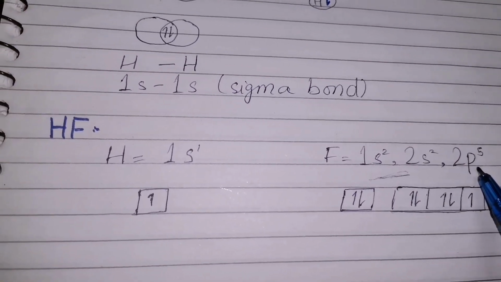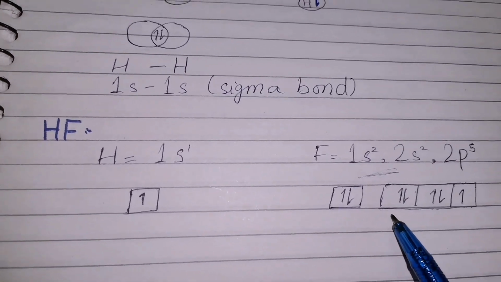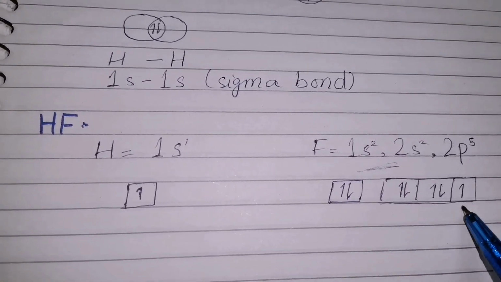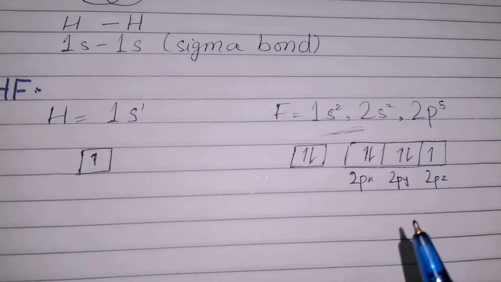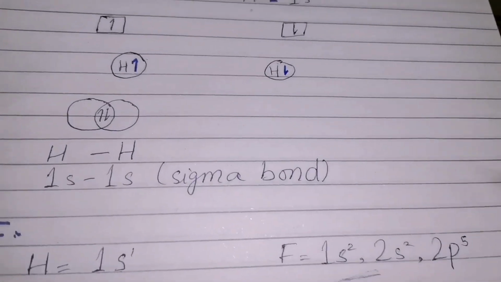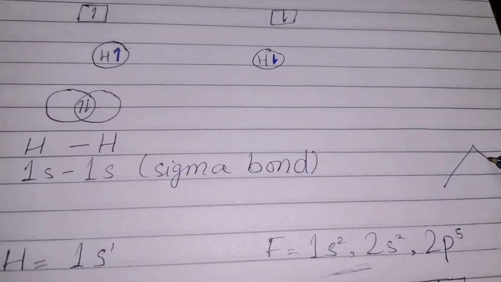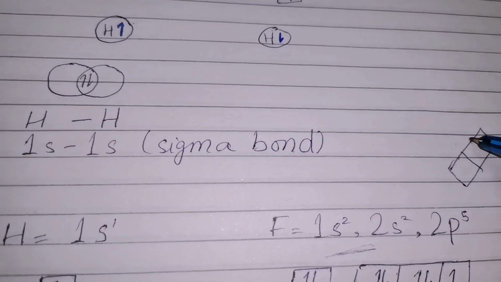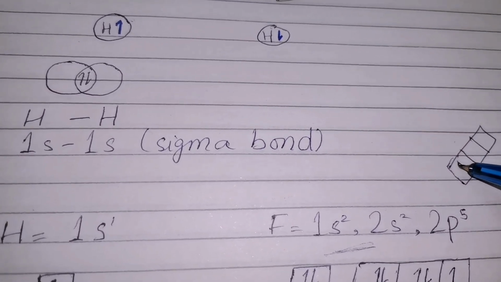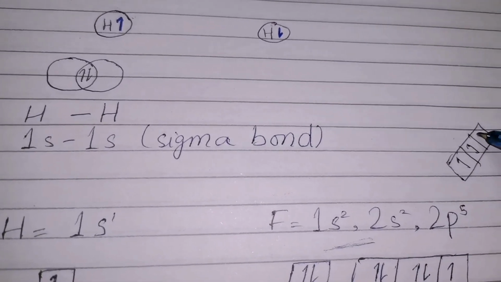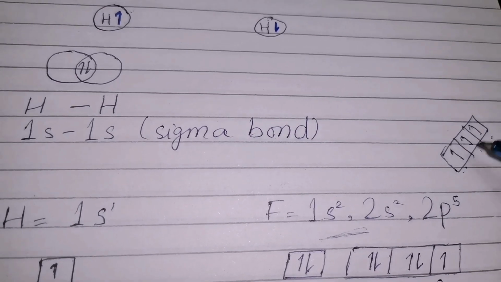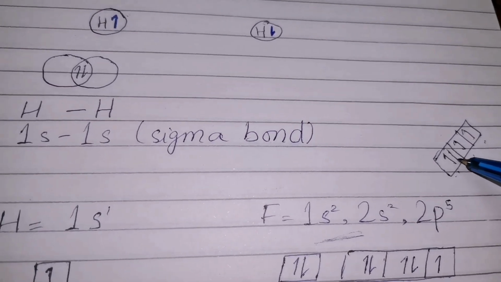Now the second was 2p5. We know that we have 3 p orbitals, 2px, 2py and 2pz. Now how will we do this filling? Let's see over here. First of all, we have 5 electrons in the p. First we will write one electron, then the other, then the third. After giving each orbital one electron, we will give them the other.